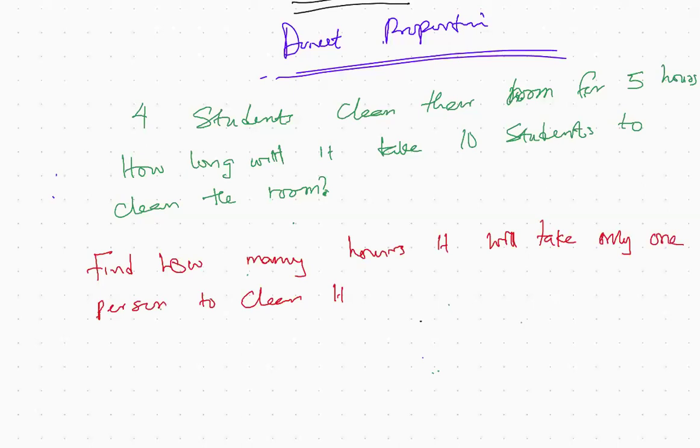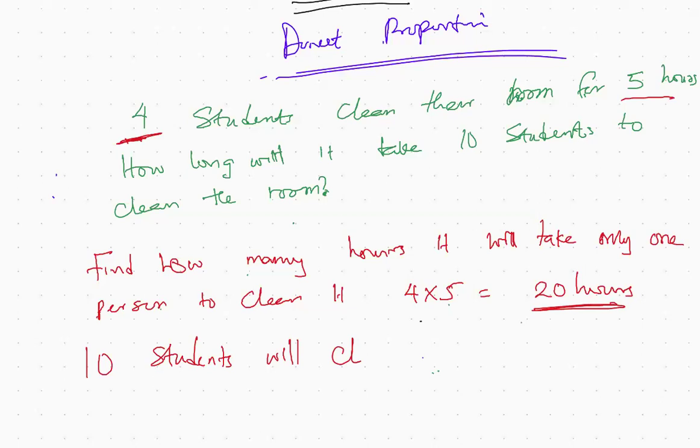That gives you 20 hours. So if 4 people clean for 5 hours, only one will clean for 20 hours. So 10 students will clean it for, just divide, 20 divided by 10. That gives you 2 hours. That's it. You can put that one down.